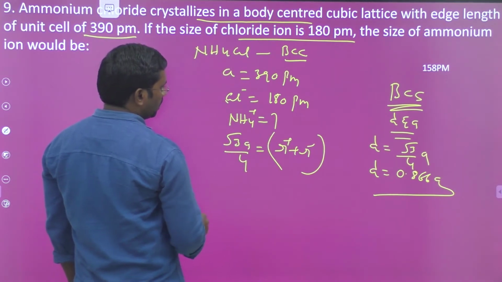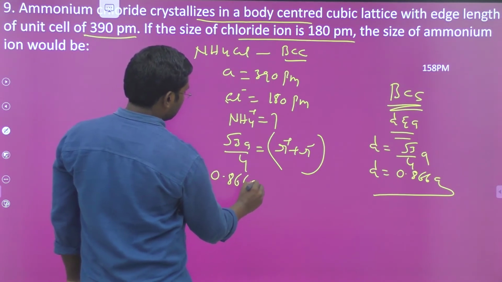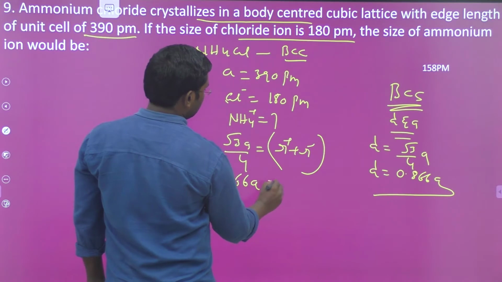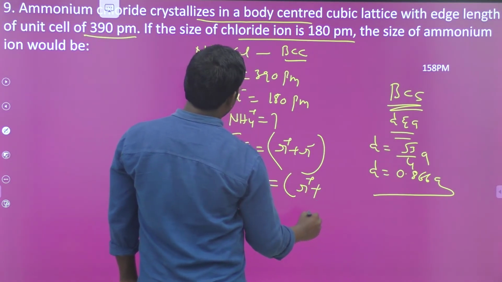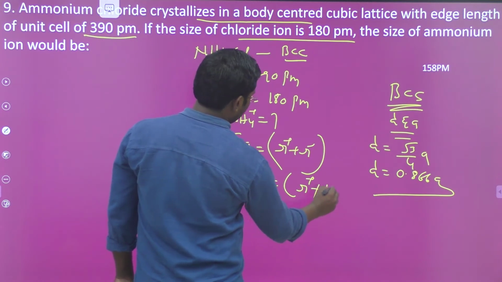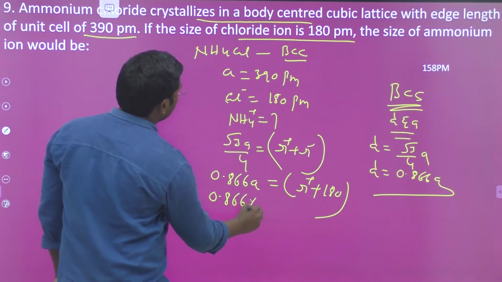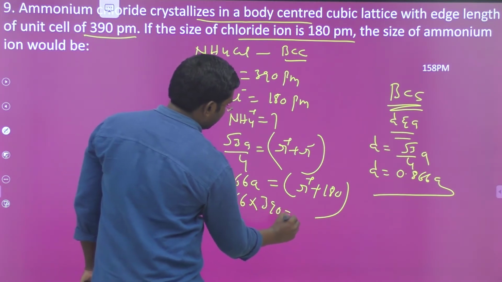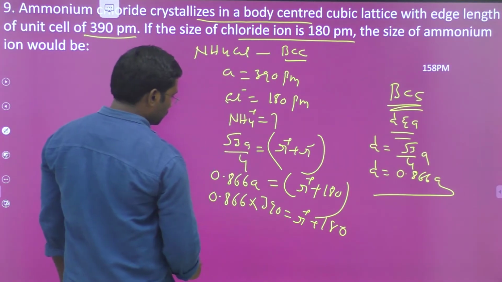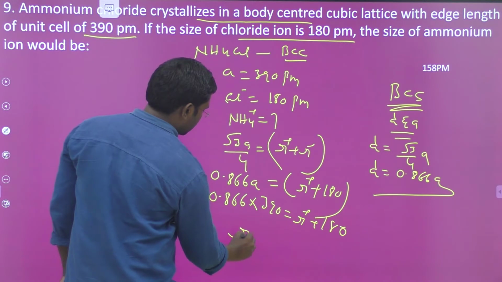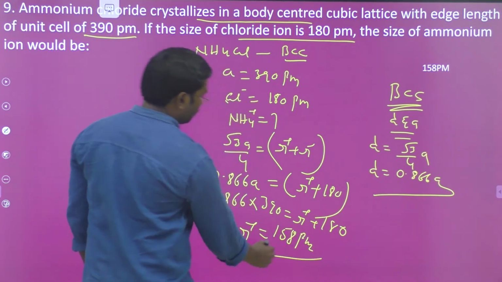So 0.866 into A is equal to R plus plus 180, that is 0.866 into 390 equals R plus plus 180. From this we calculate the R plus value, which gives 158 picometers.